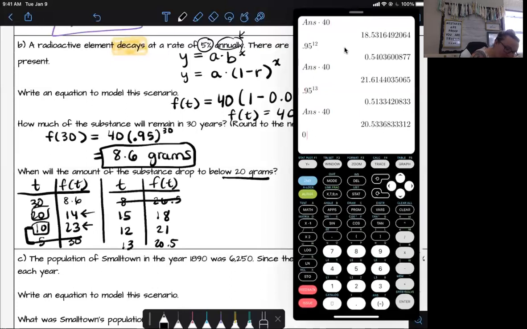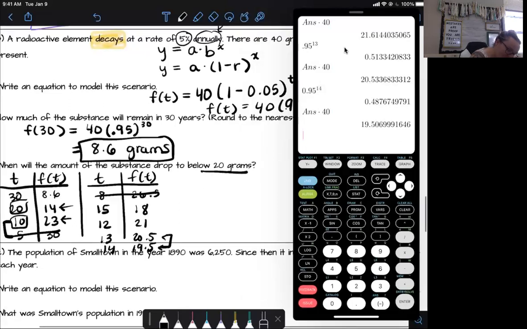And let's try 14. 0.95 to the 14th times 40 is 19.5. Okay, there it is. So somewhere between the 13th and 14th year, we drop below 20 grams.